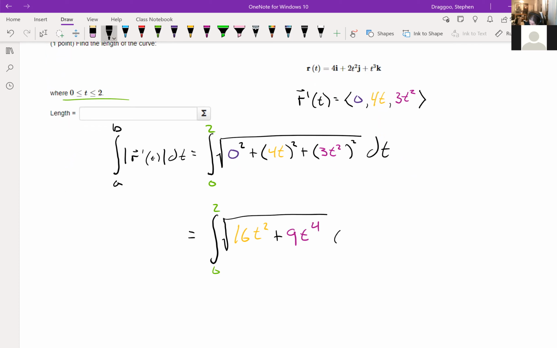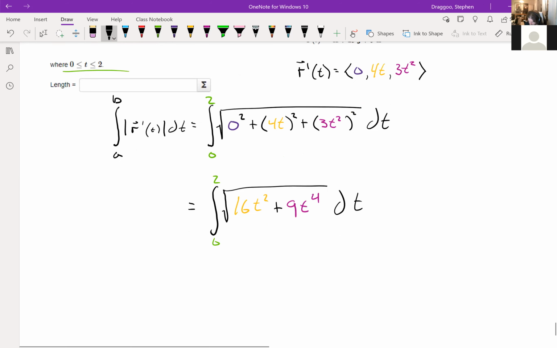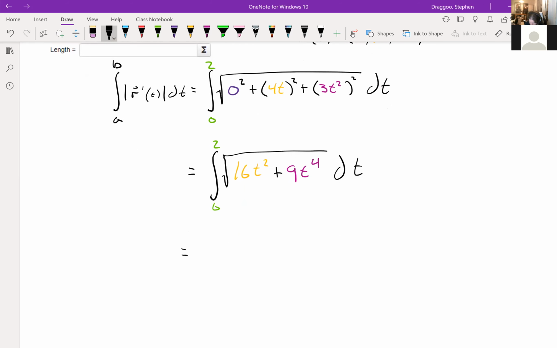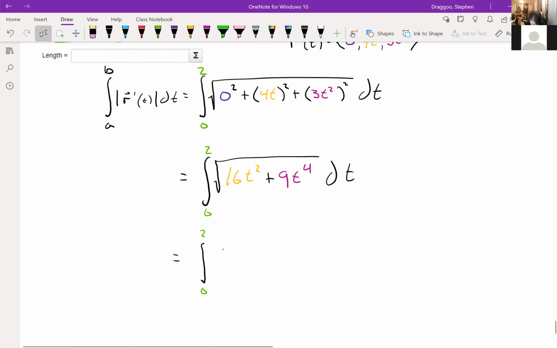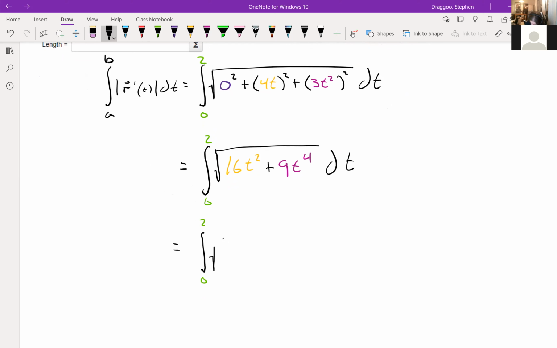Again, throw our hat back on, get a dt in there, and let's see what shakes out. 0 to 2. I've been doing this so long, my hand's not steady anymore. Okay. There we go. We got ourselves a square root.